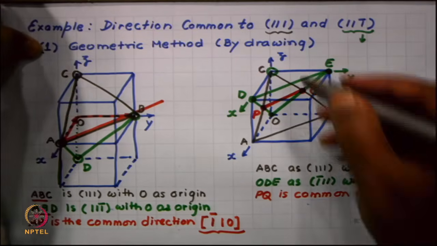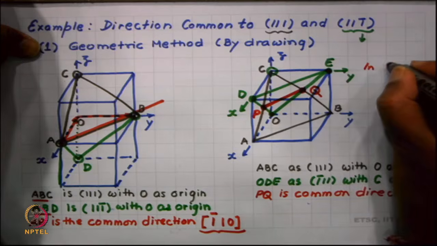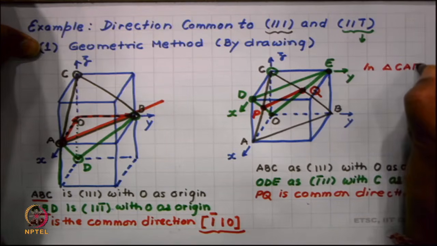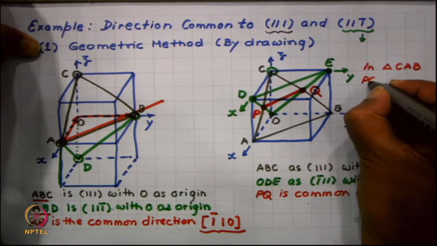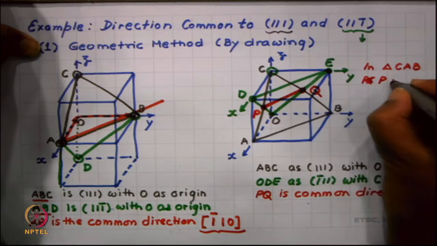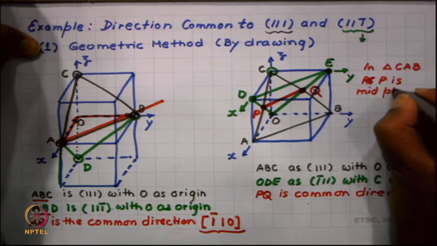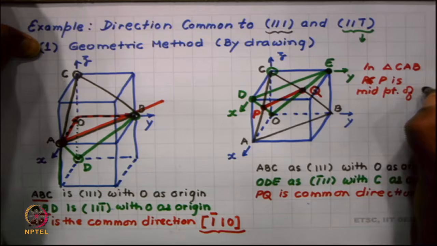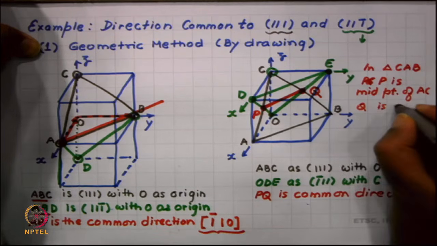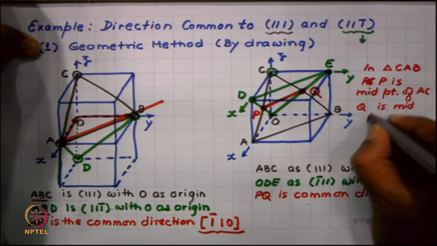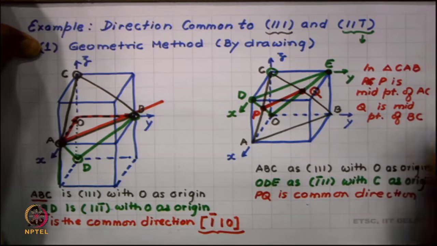Note that in the triangle CAB, P is the midpoint of AC, and Q is the midpoint of BC.